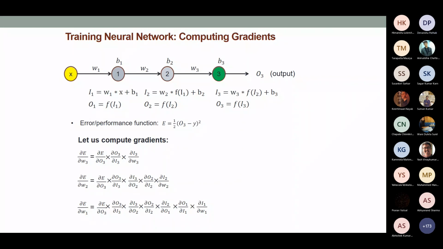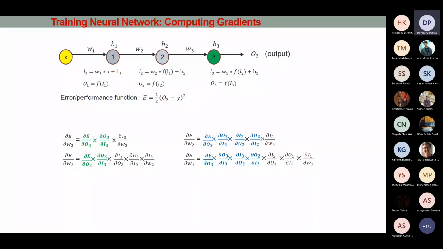Let's look at this pattern of the derivatives here, and then we will have an idea. So what is the pattern? Look at del E del W3 and del E del W2. There are 2 common parts marked by the green color.